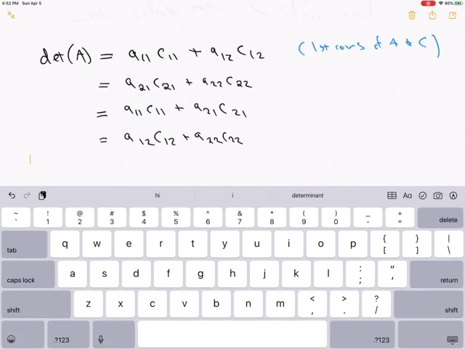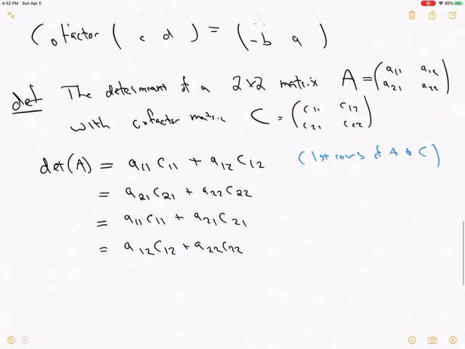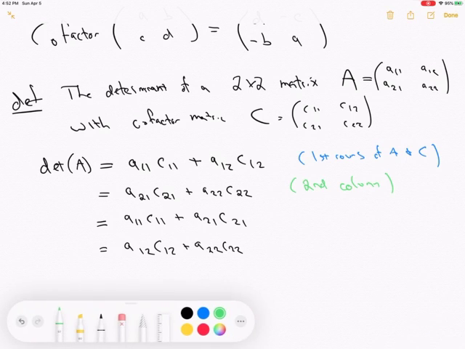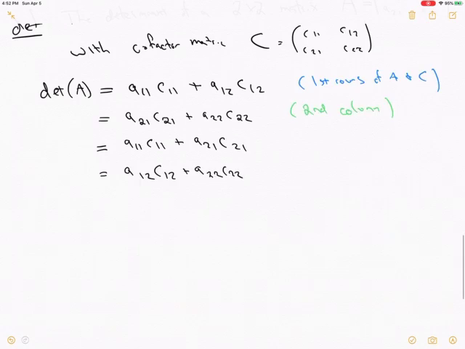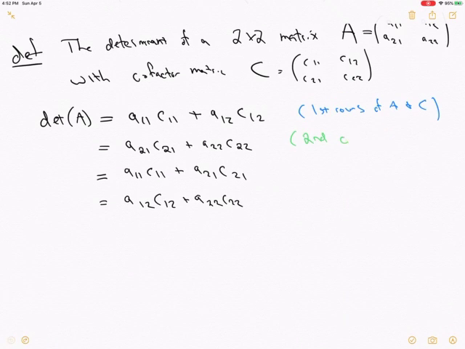These are called expansions across the different rows or different columns. Okay.